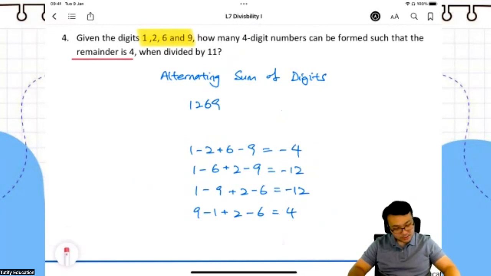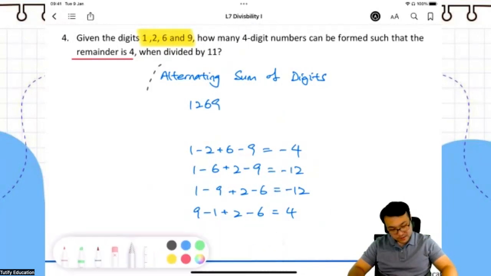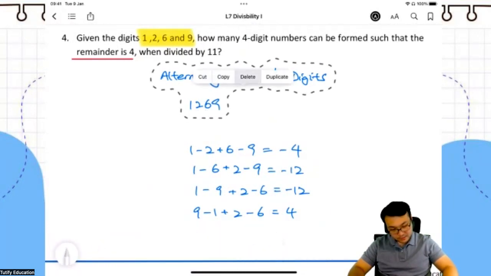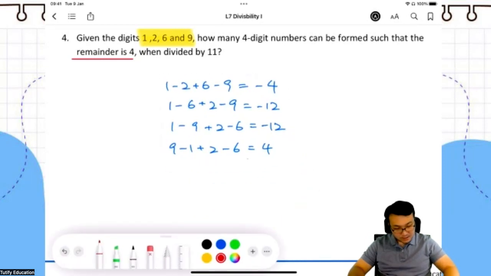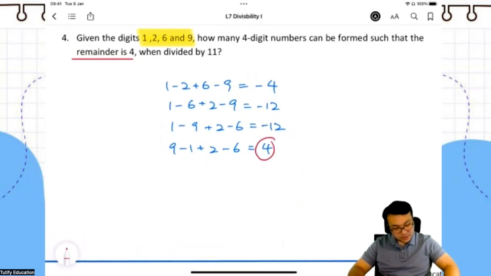Okay, sure. Let me just tidy up first. So we have tried all these permutations. You want to try positive 4. That means you're telling me that if I take 9, 1, 2, 6 divided by 11, the remainder should be 4, right?